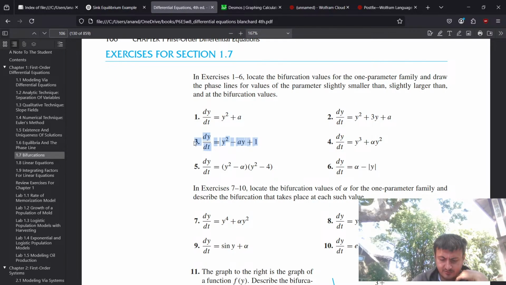All right, let's do number 4. Okay, number 4 is dy/dt equal to y cubed plus ay squared. So, as we said, it's a 0. We can factor out y squared (y plus a).